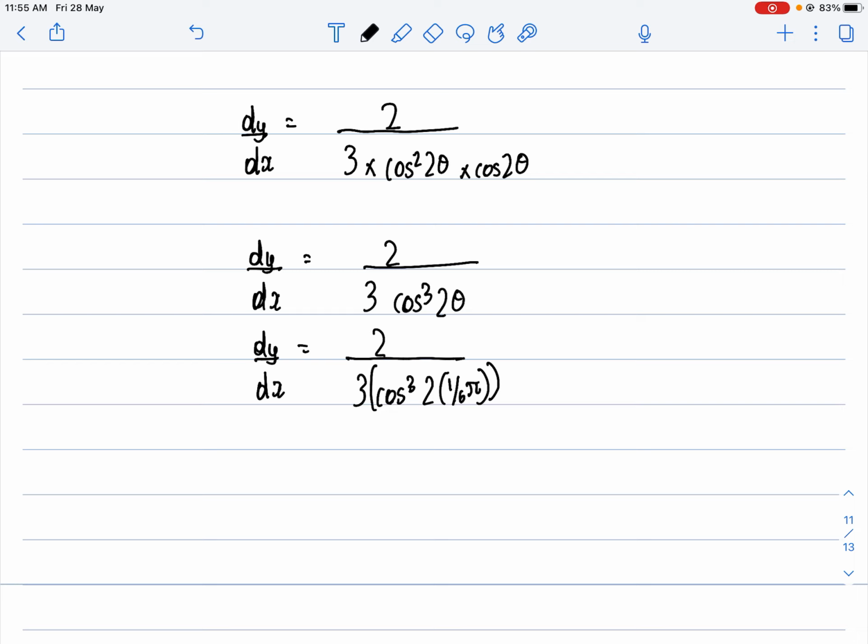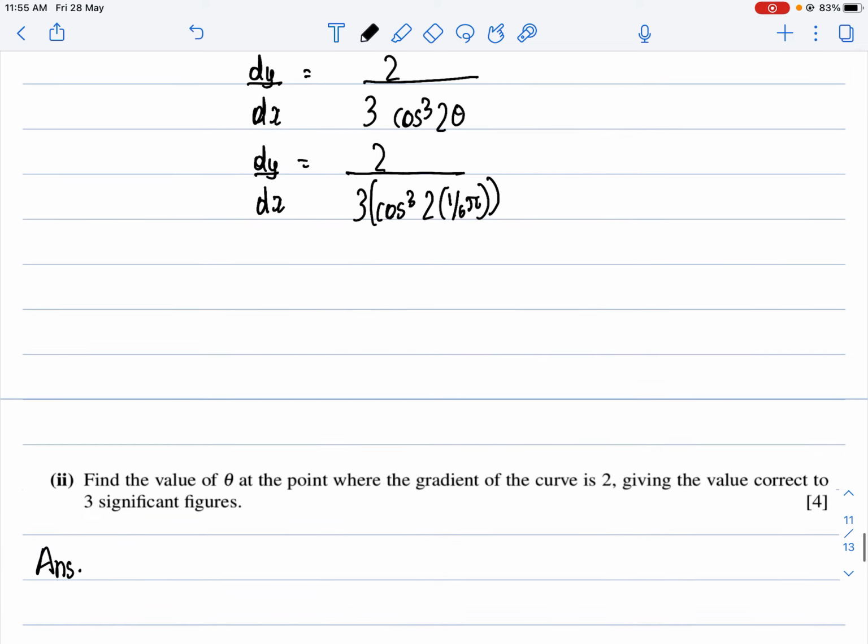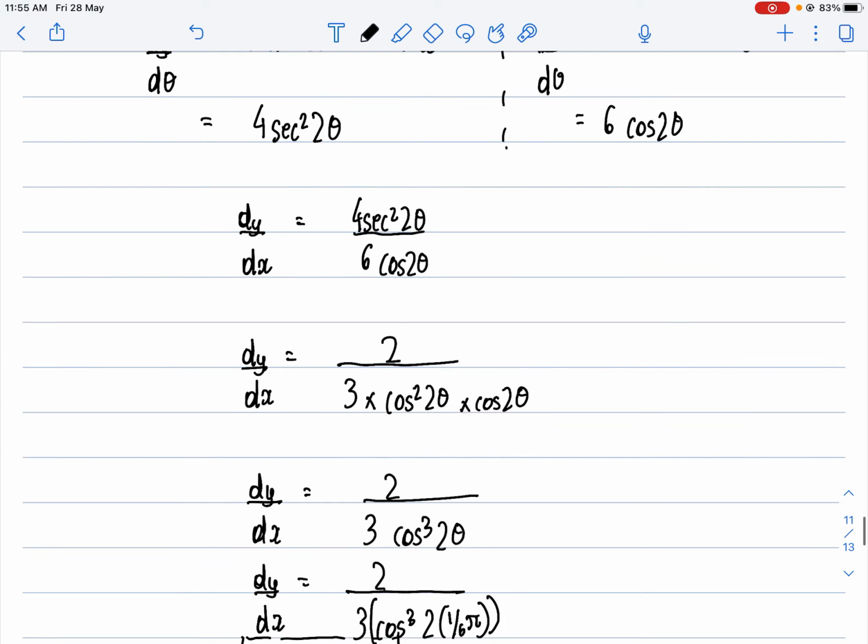Make sure you're on the radian mode, because if you're on the degree mode, you won't get the correct answer. Now when you click on equal to, you get your dy by dx as 16 over 3, which is the final answer of the question.